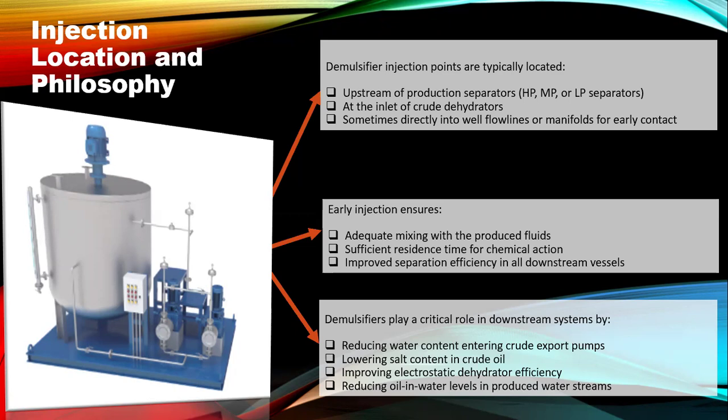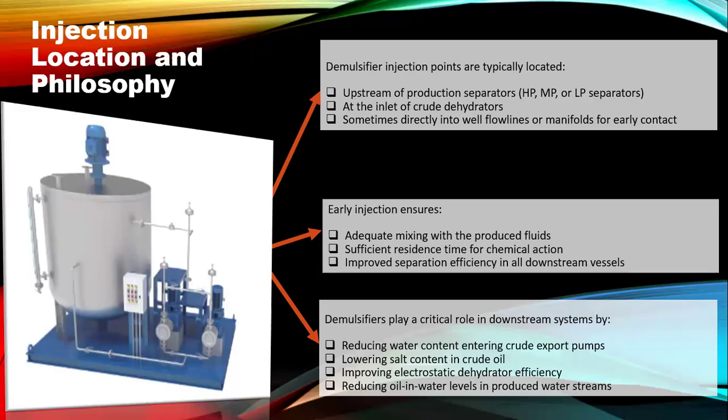I think it's good to start injecting it from the manifold so that by the time it travels down to the separator, it has done the work of trying to break the oil-water bond. Early injection ensures adequate mixing with the produced fluids, sufficient residence time for chemical reaction, and improved separation efficiency in all downstream vessels.